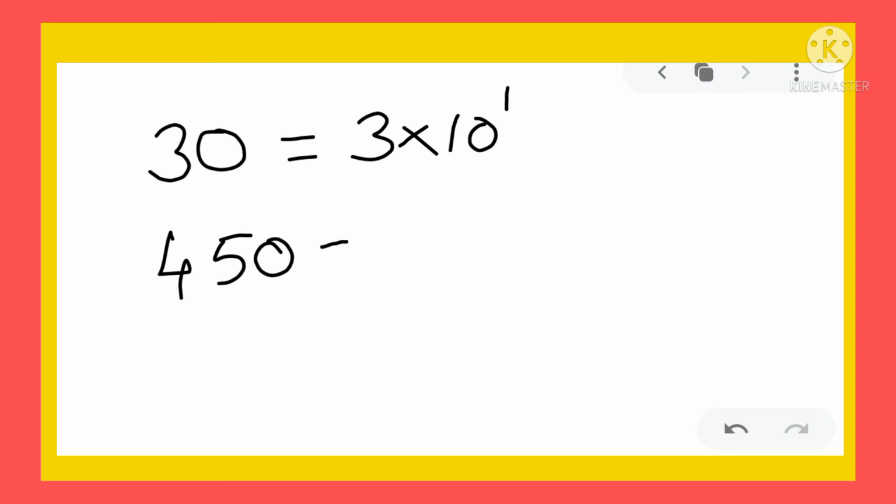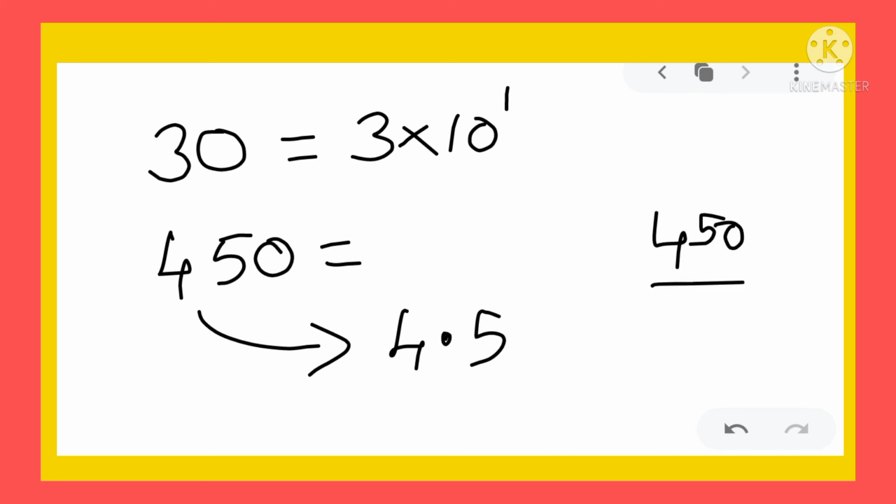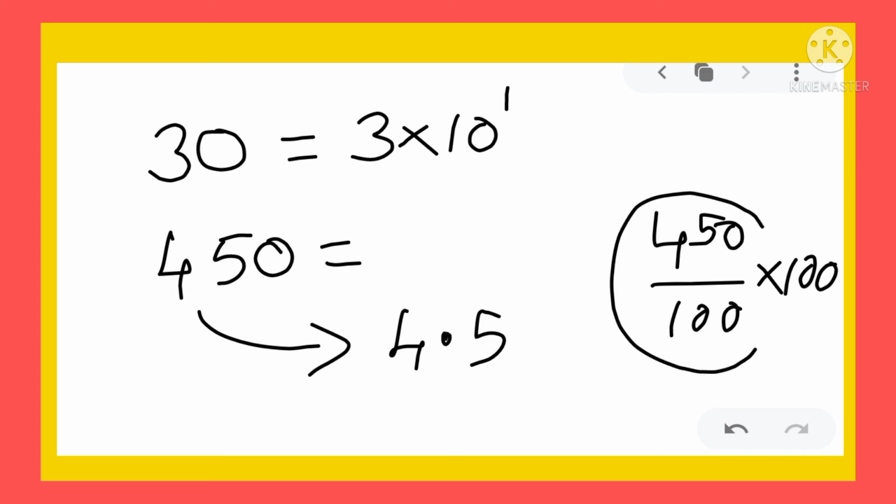450. Here we want to write the number as 4.5, like that. How can we write 4.5? For that we want to divide 450 by 100 and multiply it by 100. So take this as 4.5.